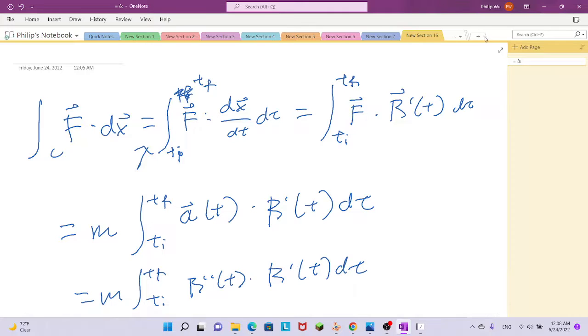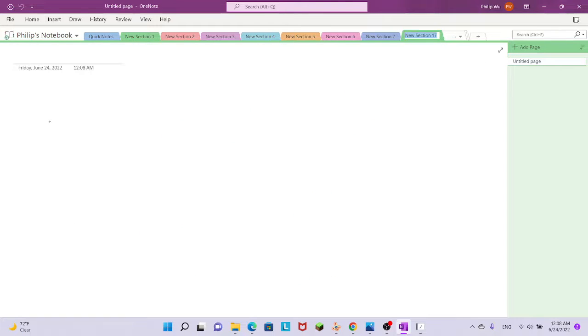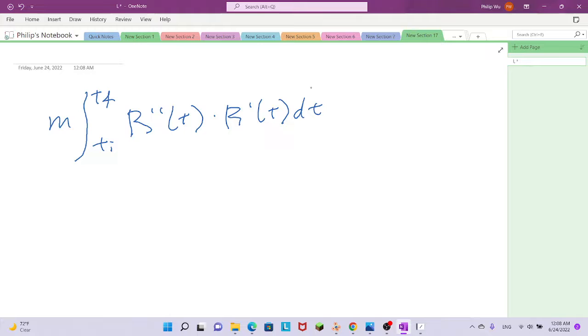Okay, nice. So we have this new representation of the right hand of the statement of the work-energy theorem, and this representation right here is much more defined, so it's much easier to work with.